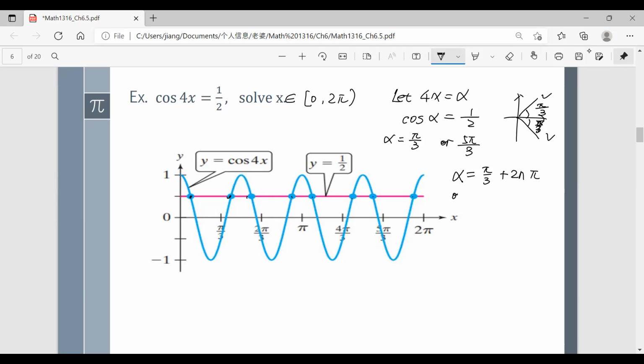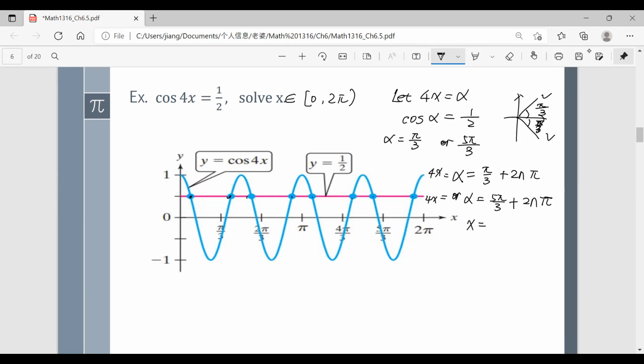or alpha equals 5 pi over 3 plus 2n pi. n is an integer, that can be positive or negative 1, 2, 3, and so on. So this is alpha, this is not the x. How to find the x? Because alpha also equals 4x, x equals all of these divided by 4, the right-hand side and left-hand side.